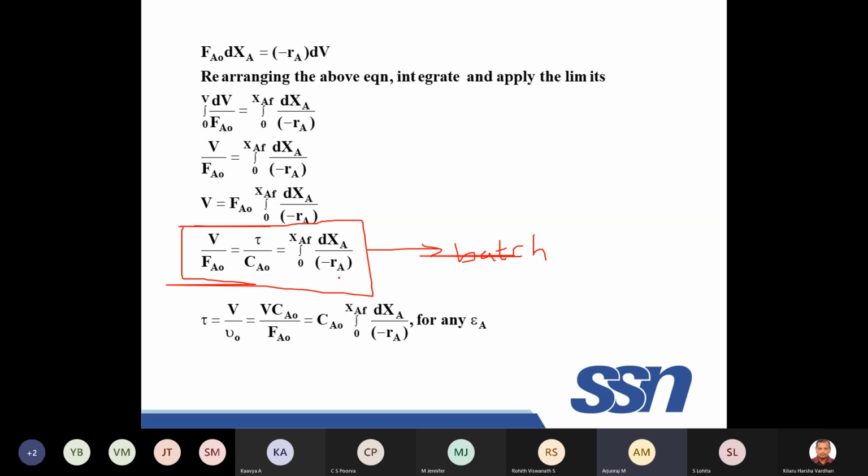In that case we are not considering the inflow and outflow. We are calculating it only for that particular volume in the reactor. The same way we calculate it for batch reactors. So I thought the expression came out the same because of this reason.